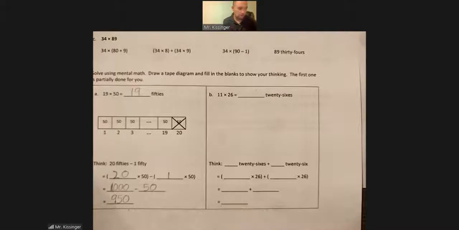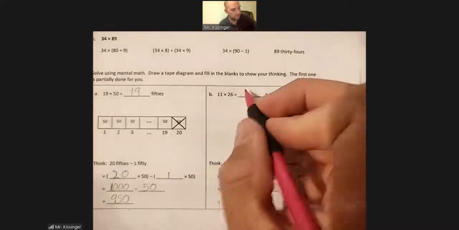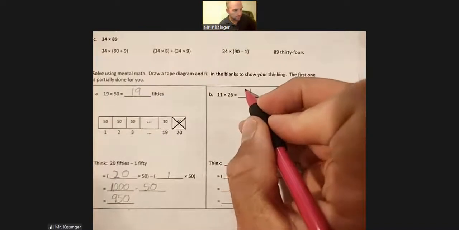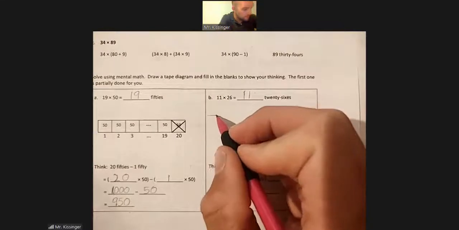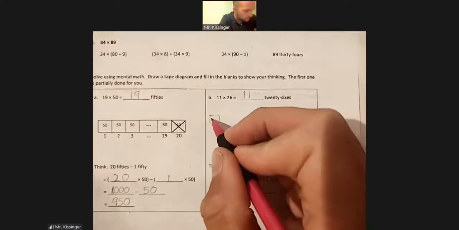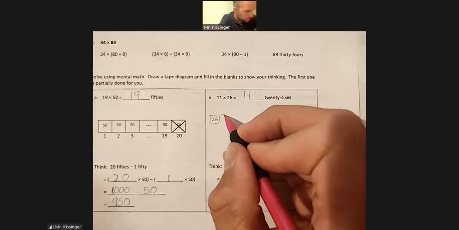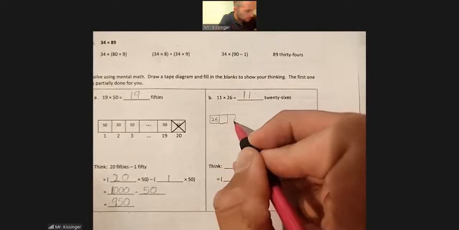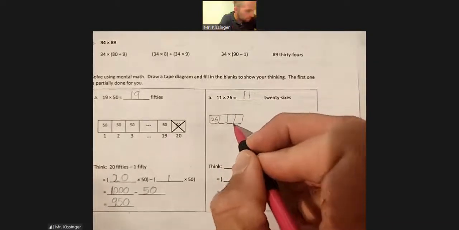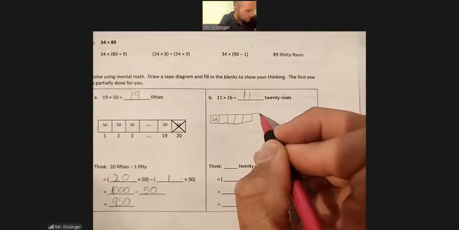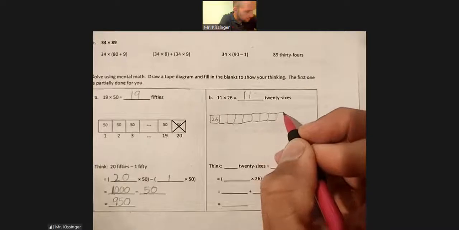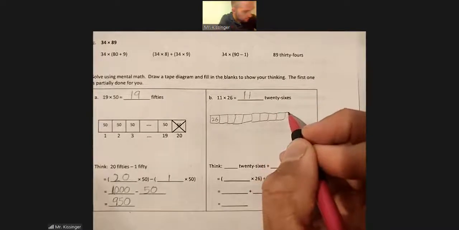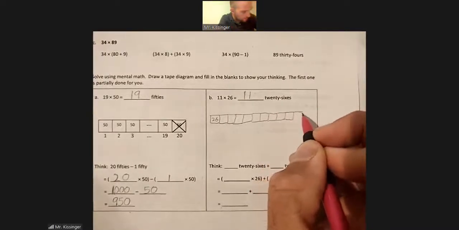Let's look at this one right next to it here. It says 11 times 26 equals 11 26s. So now we have to draw 11 26s in a tape diagram. So this will be 26. 1, 2, 3, 4, 5, 6, 7, 8, 9, 10, 11.